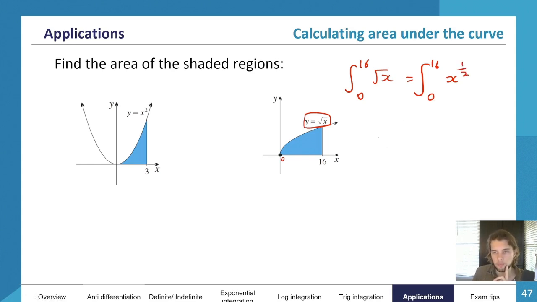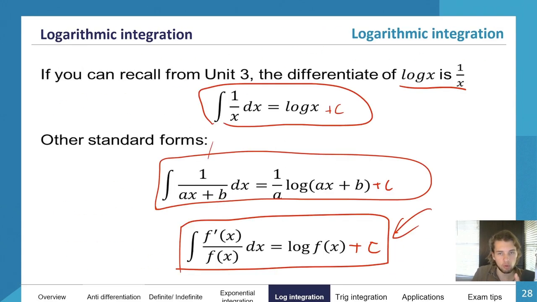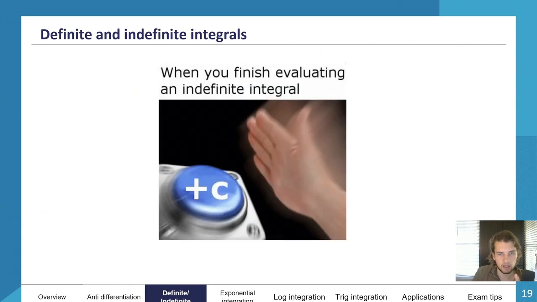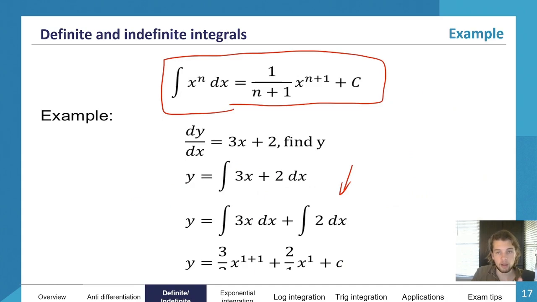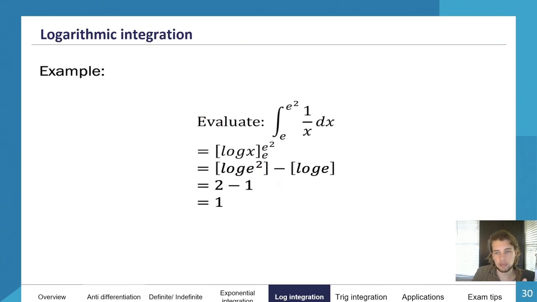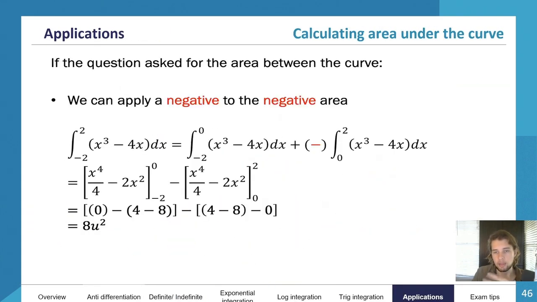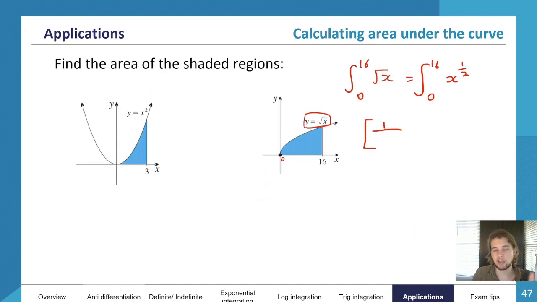So if we're applying our formula, that is equal to 1 over 2 plus 1. And when you have 1 over 2 and so on, it can be easier to apply the formula that we have at the very start. If you know this formula, it can make things a bit easier when you have a square root that you're looking at. So we have x to the power of 1 over 2 plus 1.